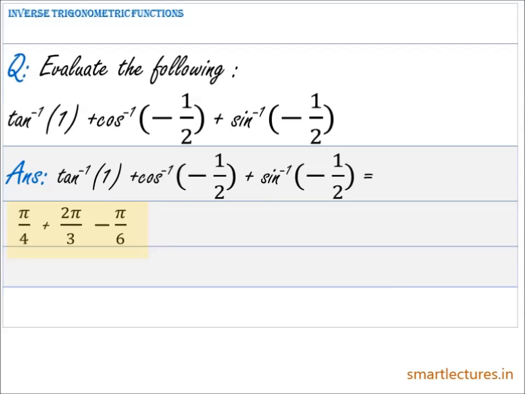And now taking 12 as LCM, we have 3 pi plus 8 pi minus 2 pi divided by 12, and that is equal to 9 pi upon 12, which finally becomes 3 by 4 pi. So the value of tan inverse 1 plus cos inverse minus half plus sine inverse minus half is equal to 3 pi upon 4.